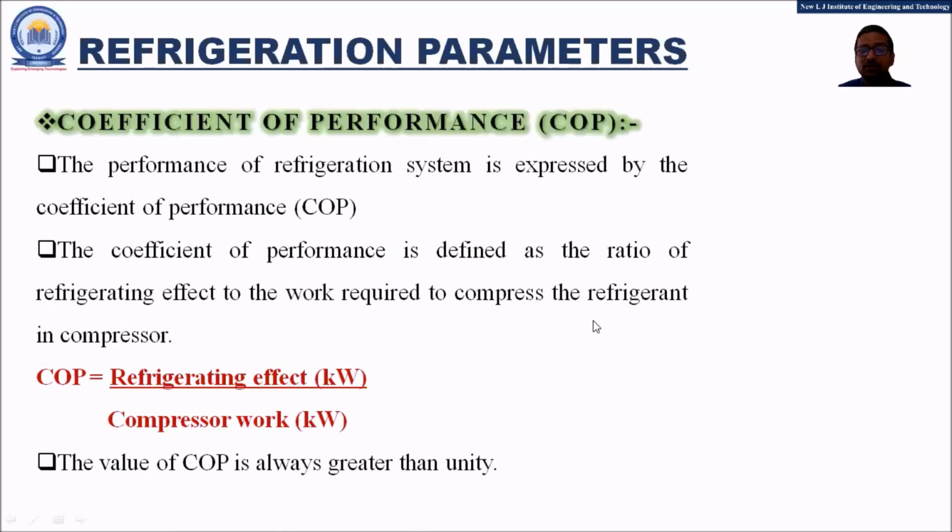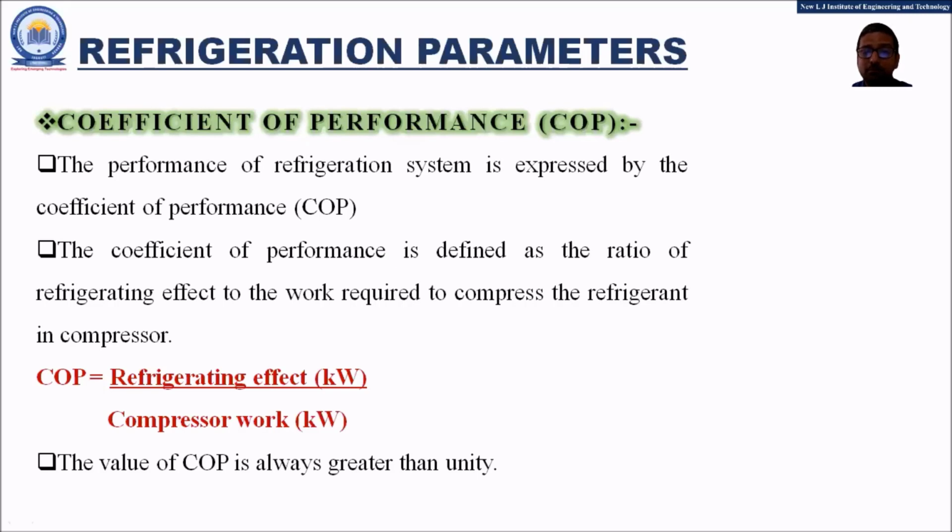Let us proceed further and now understand the concept of coefficient of performance. Again, one of the most important parameters related to refrigeration. Coefficient of performance is also known as COP. The performance of the refrigeration system is always expressed in terms of COP.